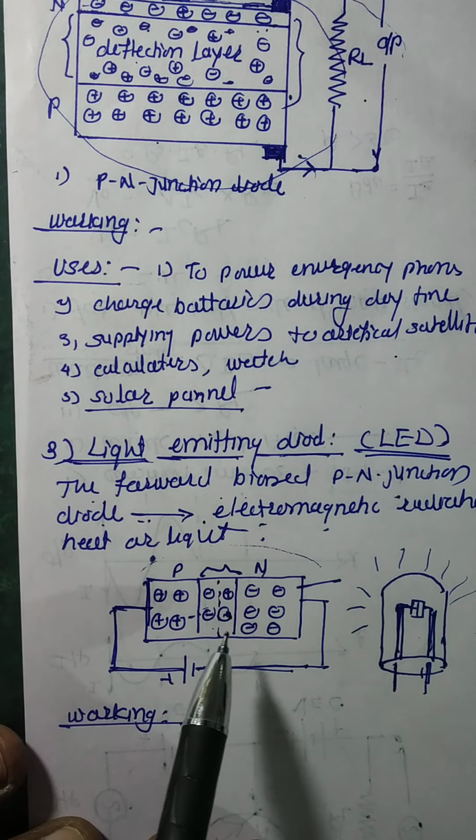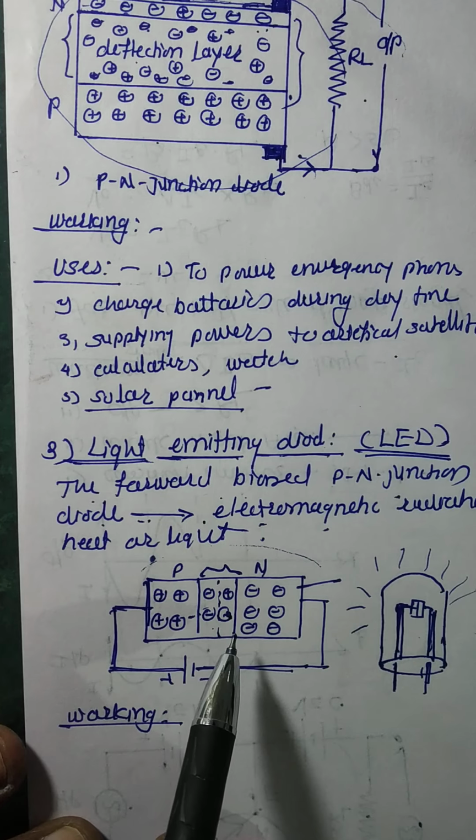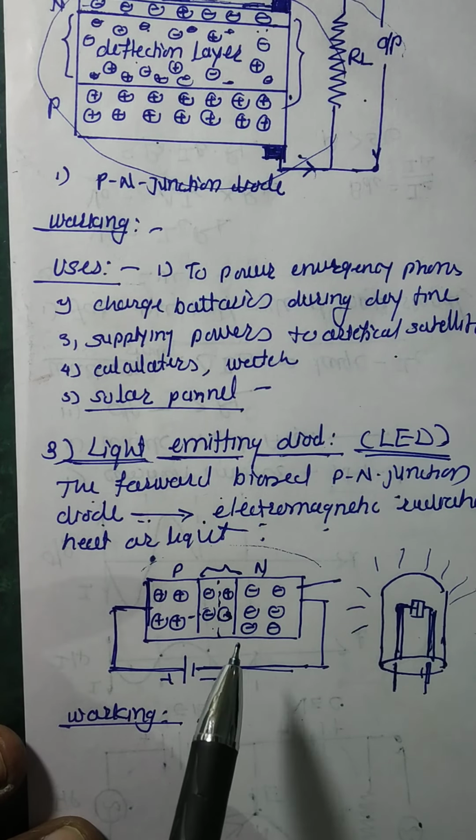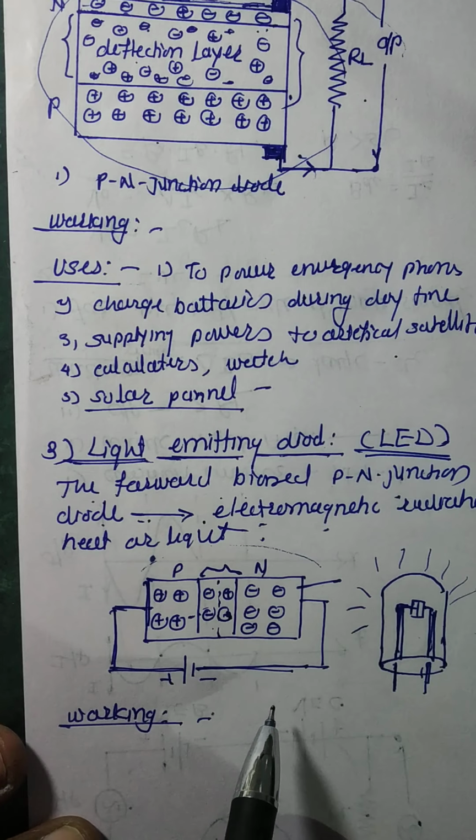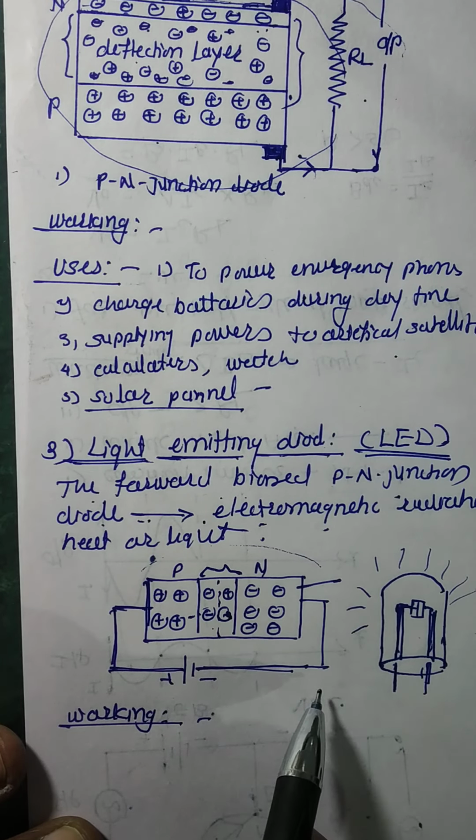The free electrons in the conduction band have higher energy than holes in the valence band. Hence, during recombination, the electron loses energy and jumps into the valence band, and energy is released in the form of electromagnetic waves.